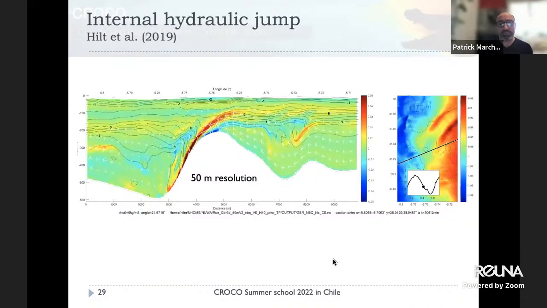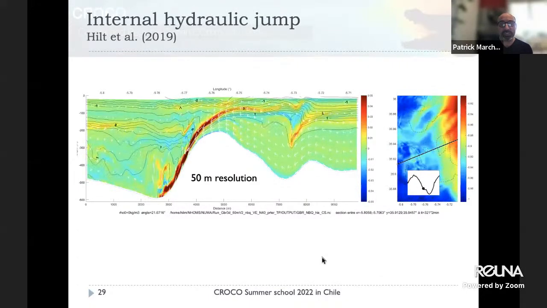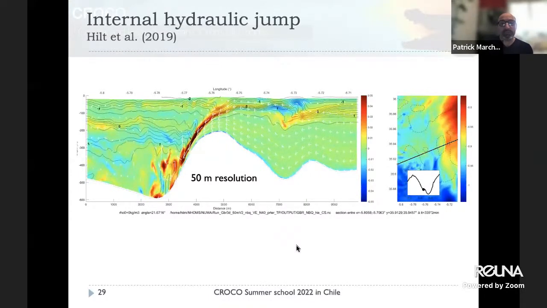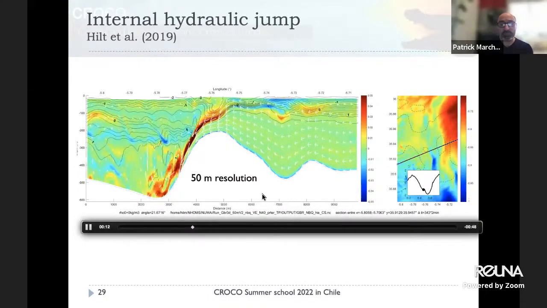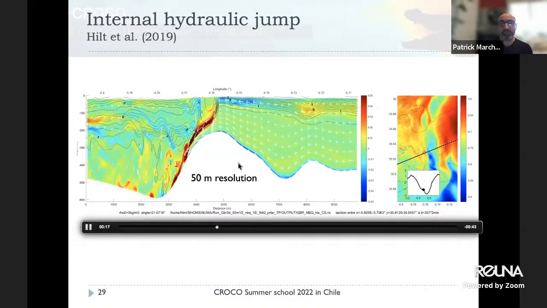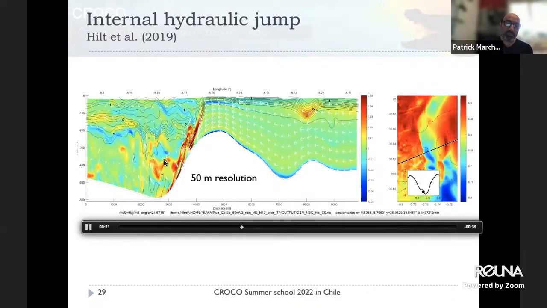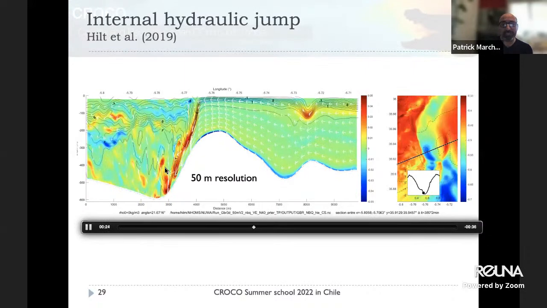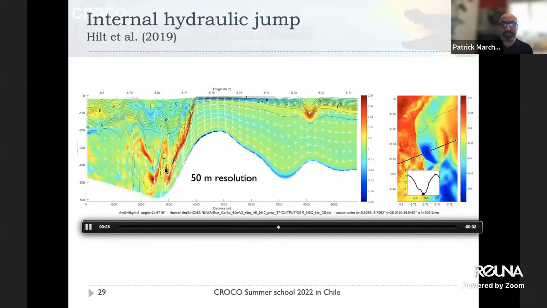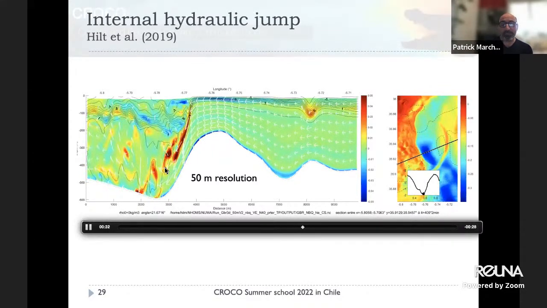This is another animation that I show quickly. It is at a higher resolution than the previous one. This is the beginning of the simulation where there is a build-up of the front due to the tides, and you see also some Kelvin-Helmholtz instabilities here on the left side. But when the tides reverse, then we will generate a strong internal wave.